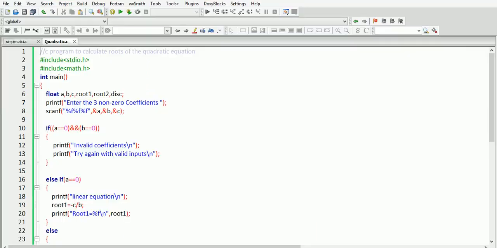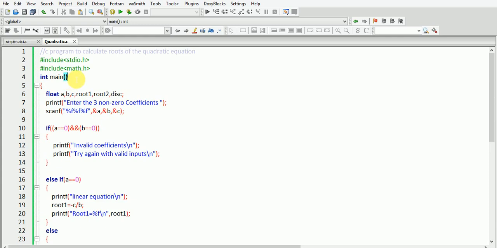Coming to our C program, this is the program I have written for the quadratic equation. I am using the header files stdio.h and math.h. Since mathematical operations are being carried out, I am including math.h.